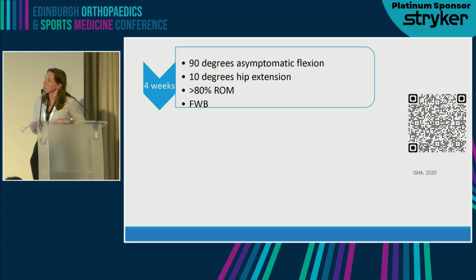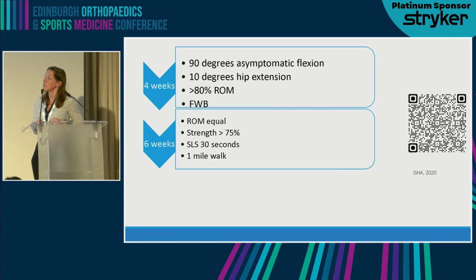Okay, so this is just looking at some of your milestones. So by 4 weeks post-op, you should be aiming for about 90 degrees asymptomatic flexion, about 10 degrees hip extension, 80% range of movement, and in some cases full weight bearing, but that may well be restricted by your post-op protocol.